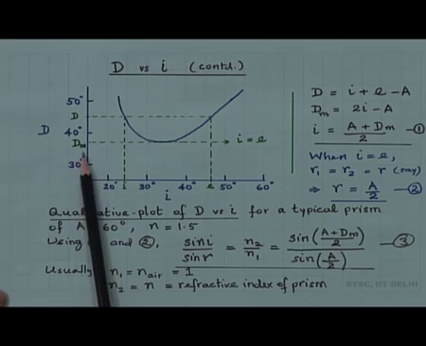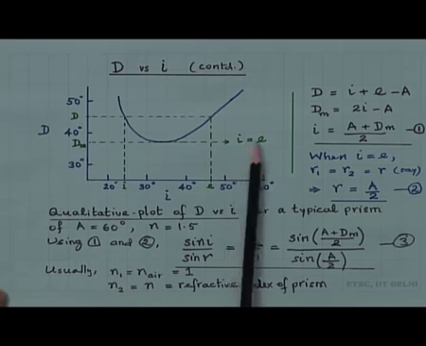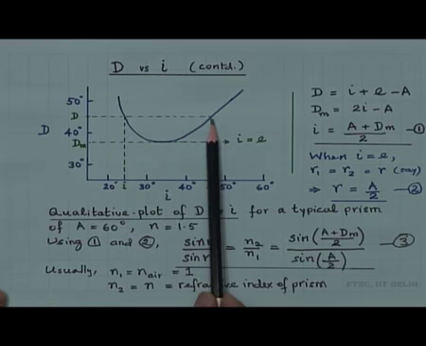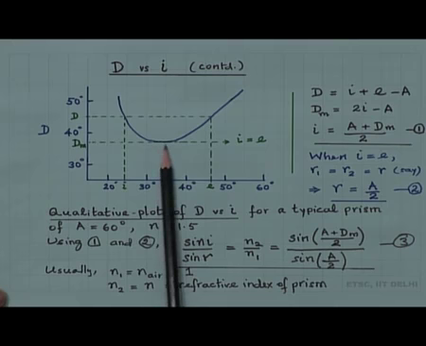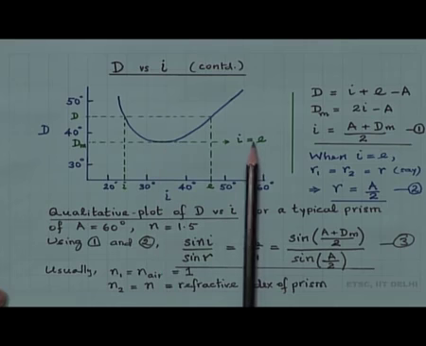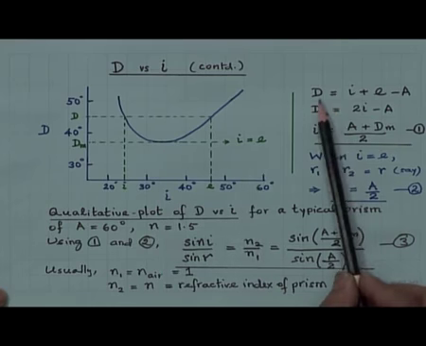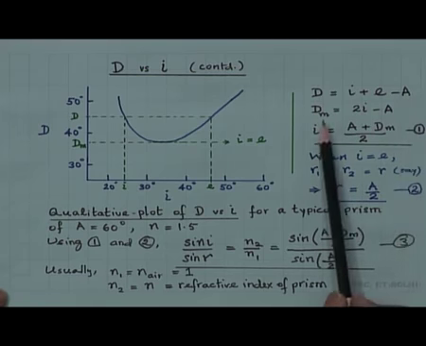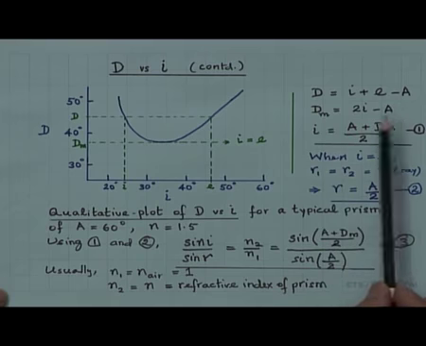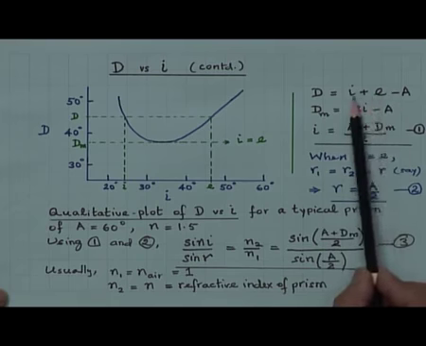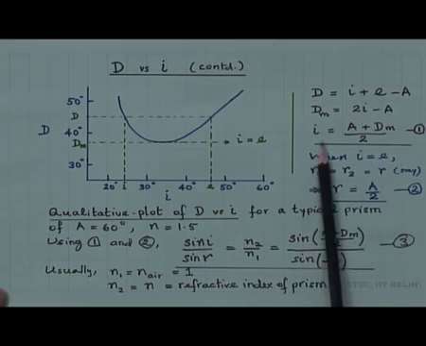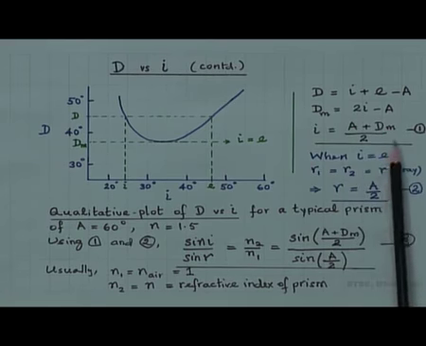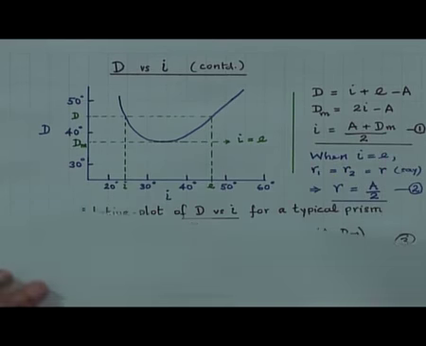The point is, at this value of dm, I is equal to E. For all other values, there are two values of angles of incidence, whereas at the angle of minimum deviation I is equal to E. So, substitute now, D is equal to I plus E minus A, dm is equal to 2I minus A, because I is equal to E. So, it is 2I minus A, or I is equal to A plus dm by 2. This is the first equation.